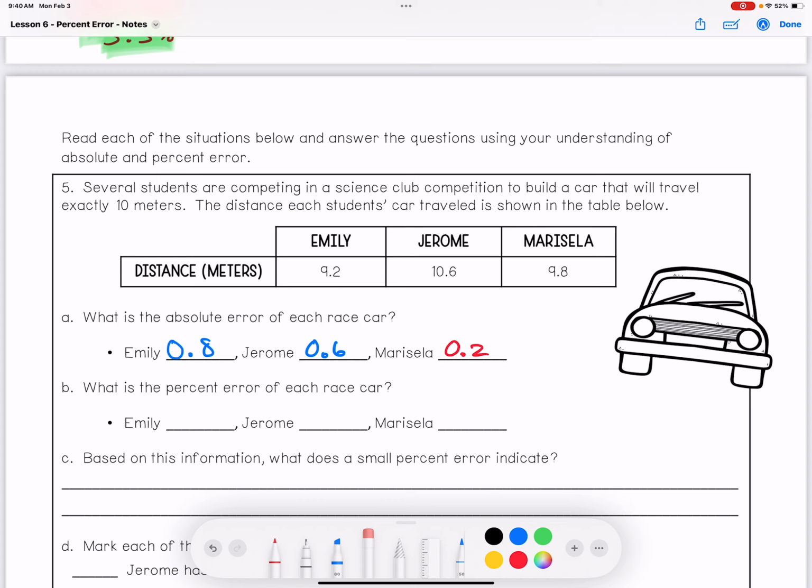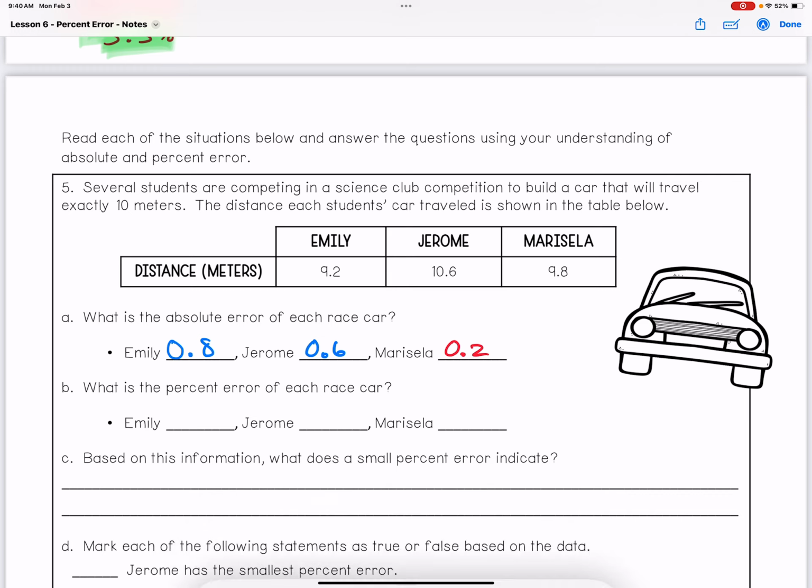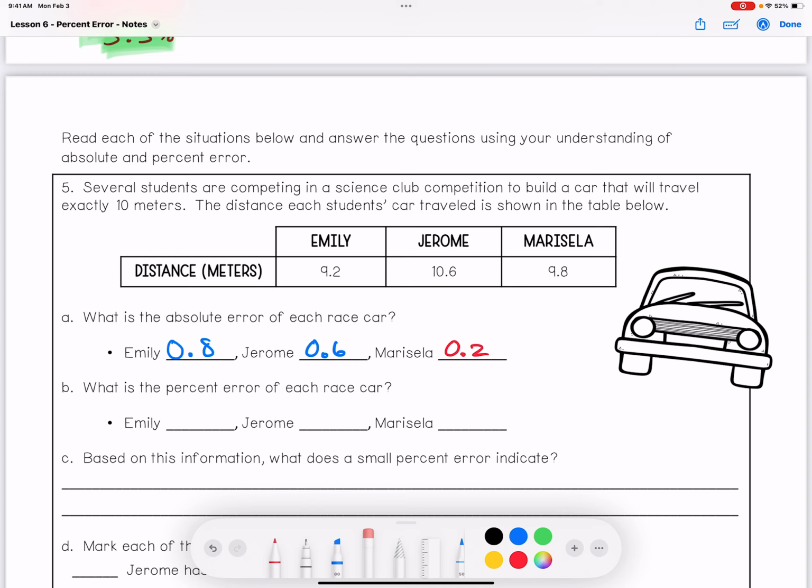All right, what is the percent of error? You can use the formula because we're looking, remember, for percent. And then it's 9.2.